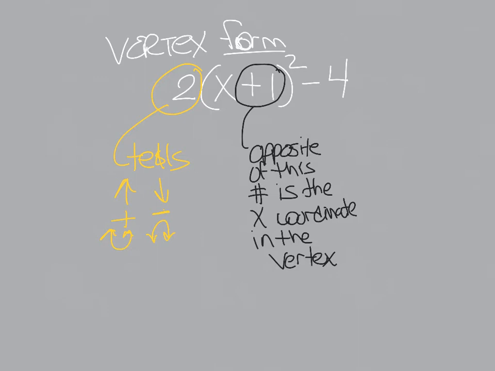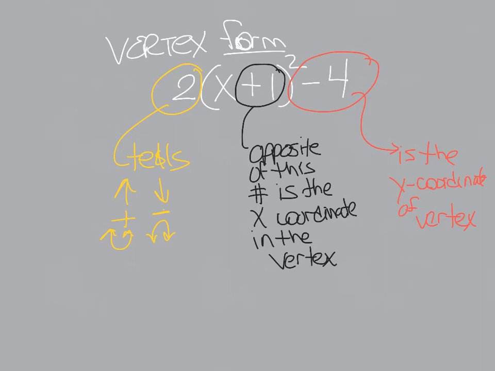Okay, it's where that turn is. And then this number is the y-coordinate of your vertex. Okay, you don't take the opposite of it. It's just flat out the y-coordinate.